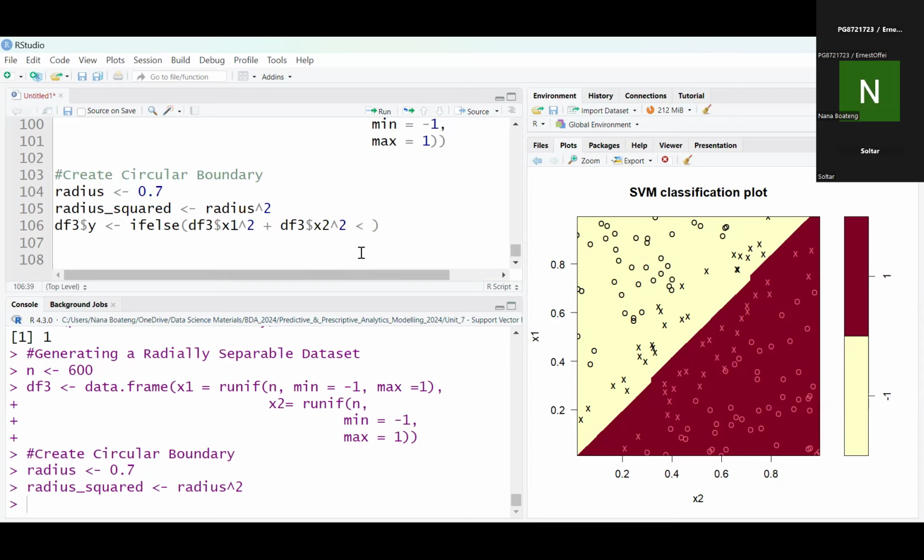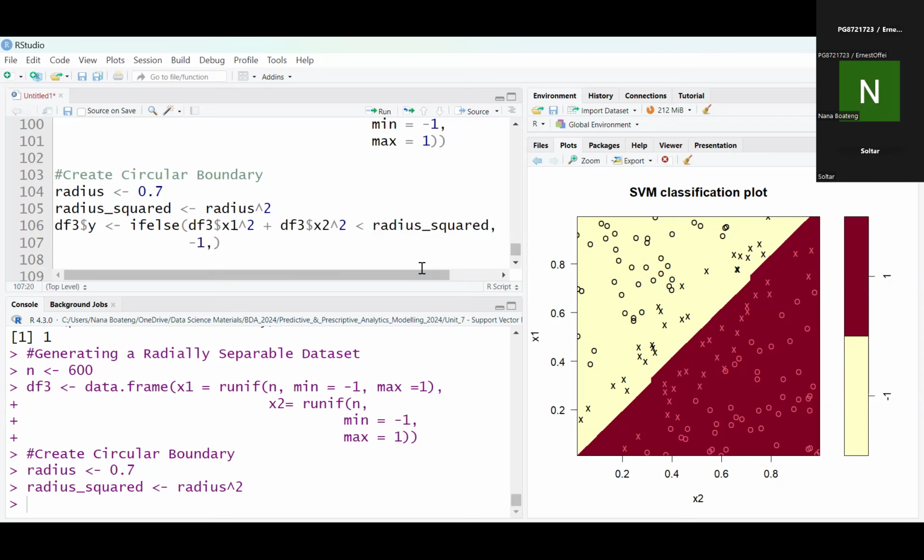So if it's less than the radius squared, then it's negative 1.